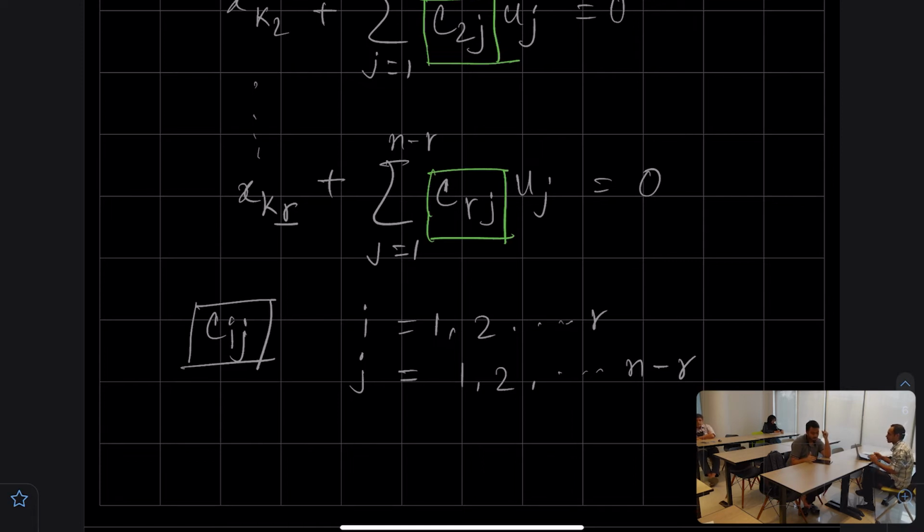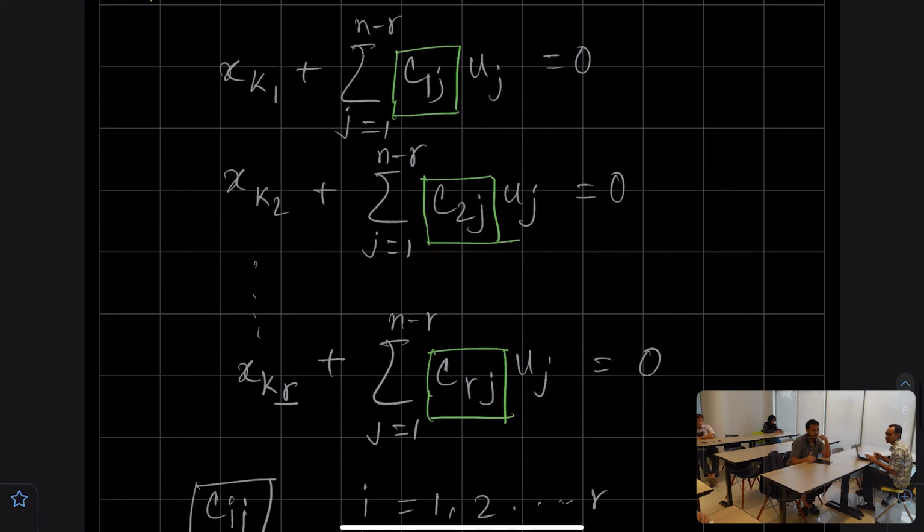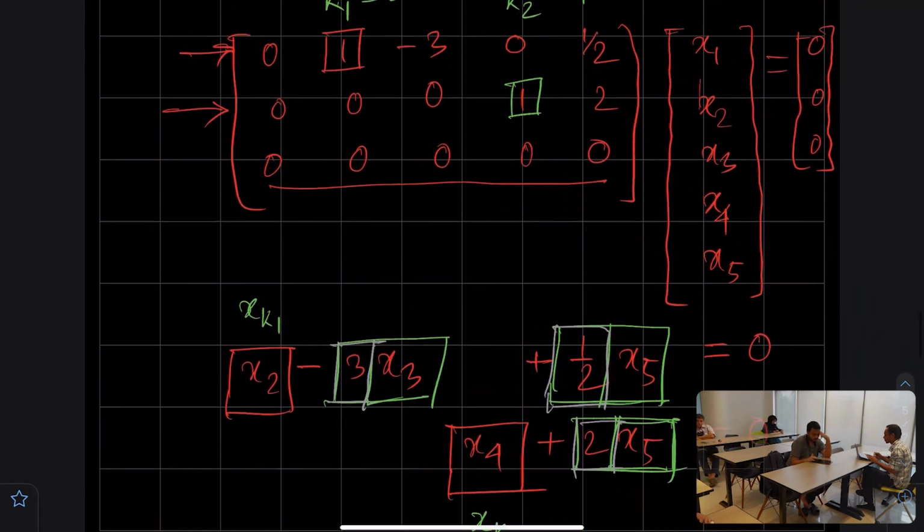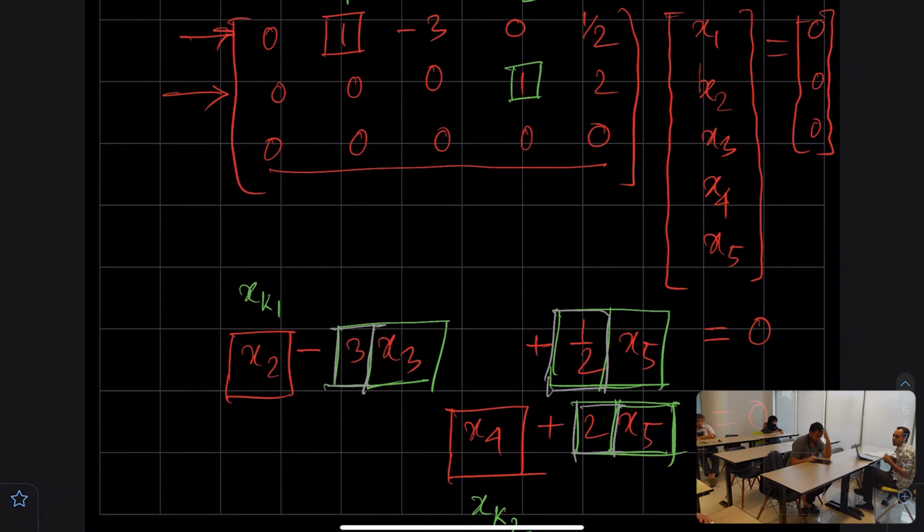Right? So can you translate it into the example? For this example, i goes up to 3, and i is 1 for the first row. So what are the c1j's? 0. How many j will there be? 3, because there are 3 free variables, right?